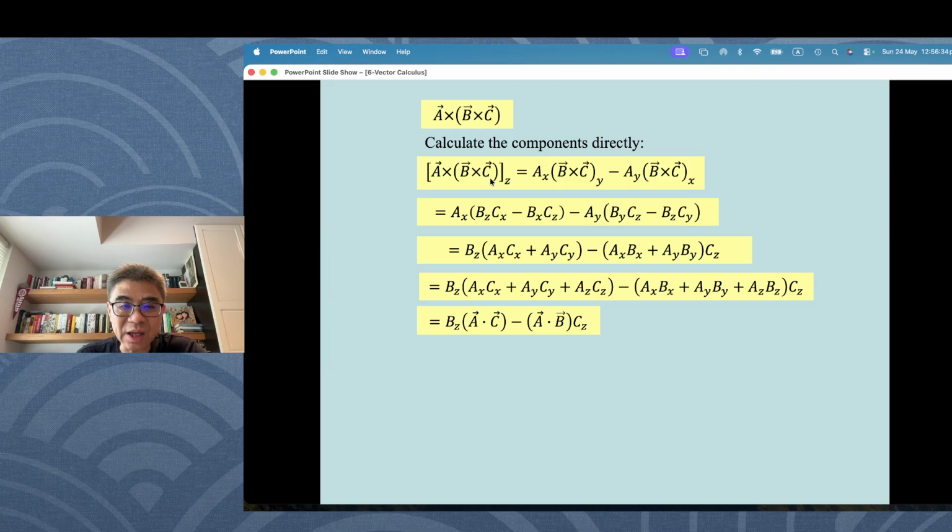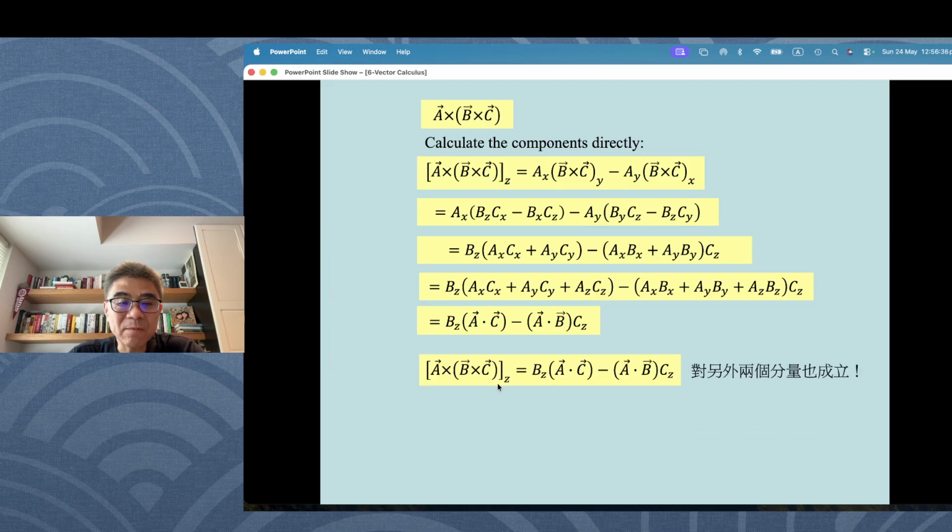So it tells you that I can do the same for X and Y and Z to form a vector formula. So that means the three components of this will be equal to the three components of the whole thing. Remember, A dot C is a scalar.